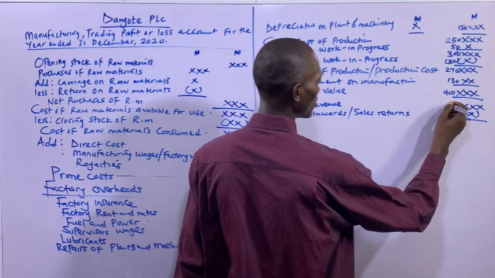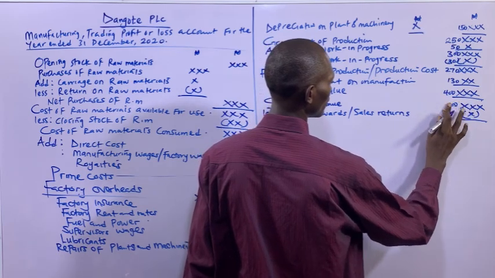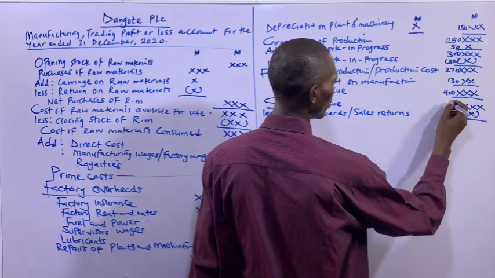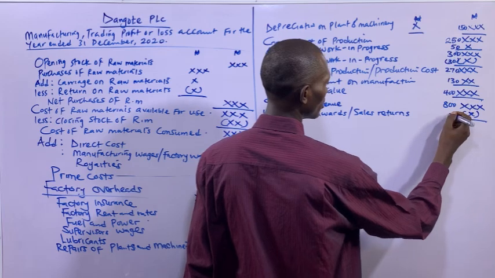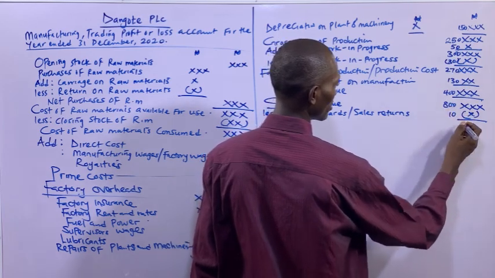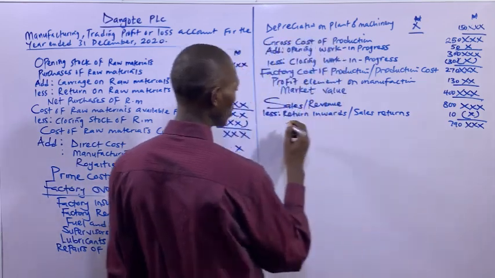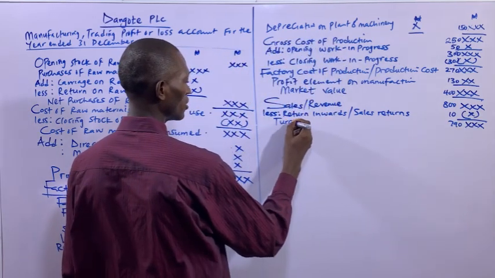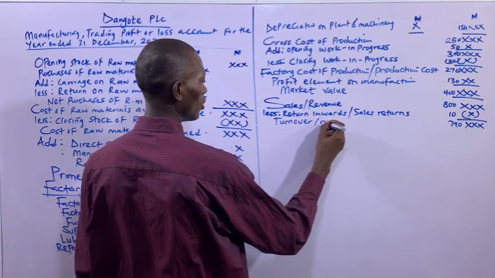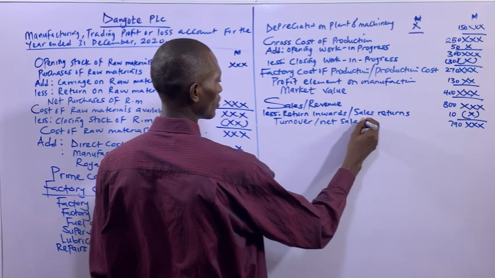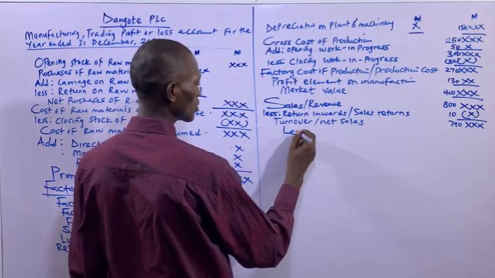So let's say our sales is 800. Then our returns is 10. So 800 minus 10 gives you 790. So this is our turnover or net sales. Then we less our cost of sales.